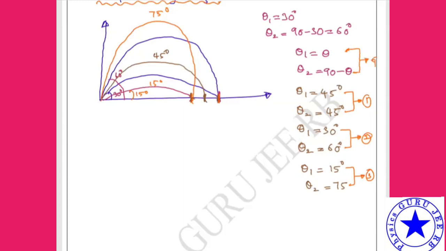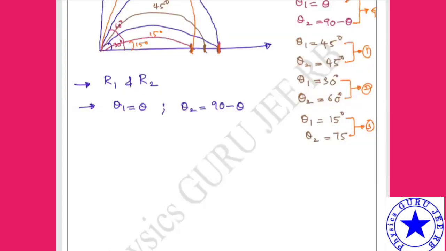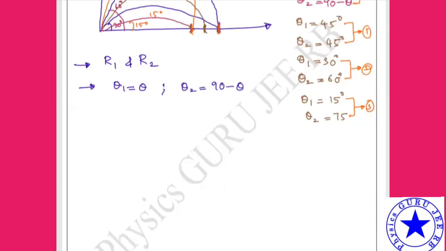Fine. Okay. Right. So now we'll proceed with the complementary angles for ranges. Let us take a few. If I take R1 and R2, theta 1 is theta and theta 2 is 90 minus theta. We'll calculate ranges for the complementary angles.